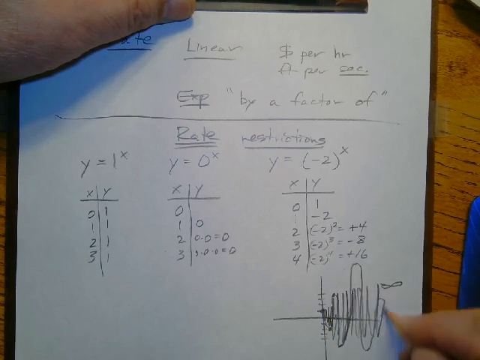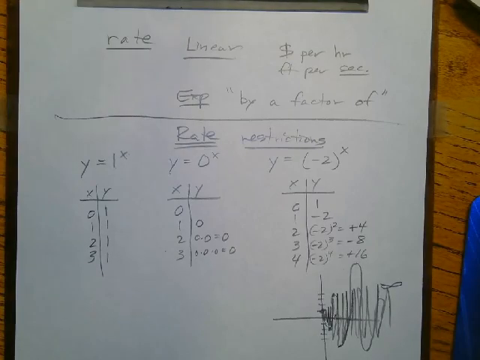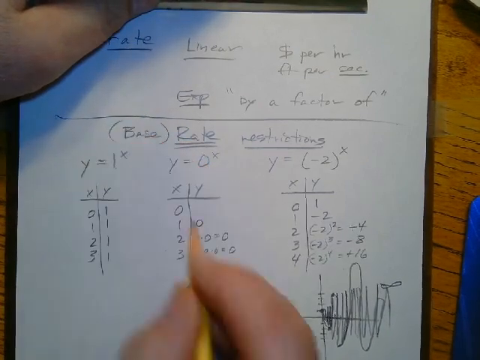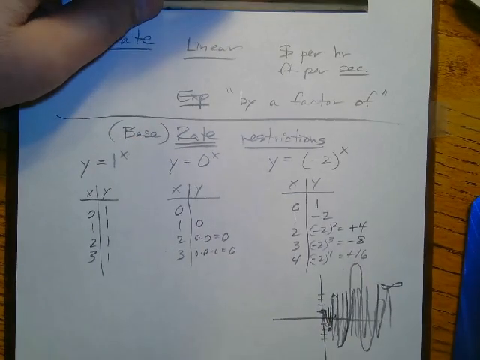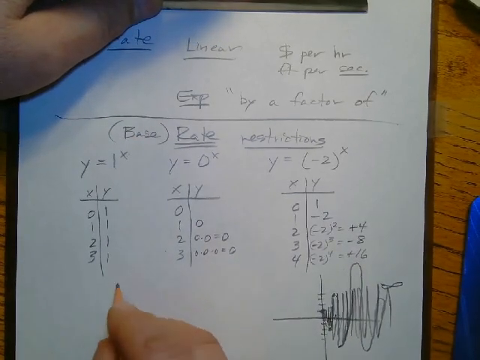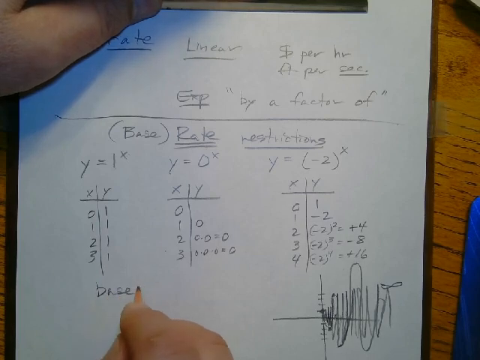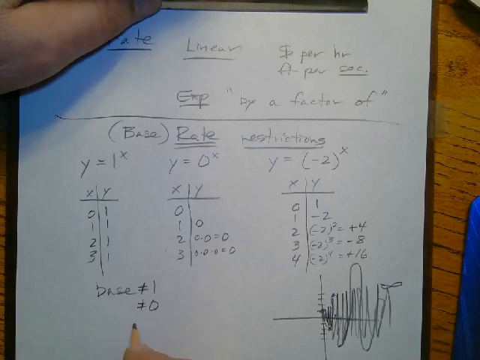It looks like this. In fact, it's totally weird. So it tells us that the base cannot be negative either. So in conclusion, we find out that the base cannot be equal to 1, and the base cannot be equal to 0, and the base cannot be negative.